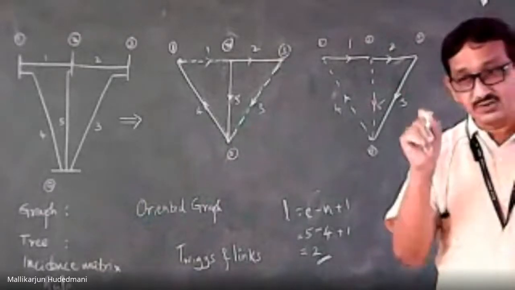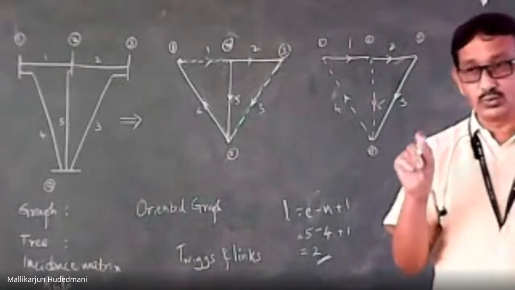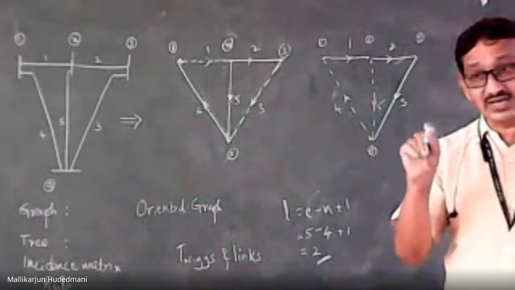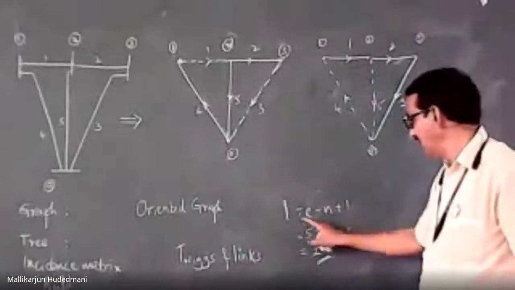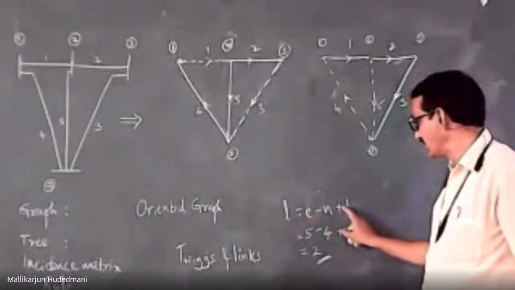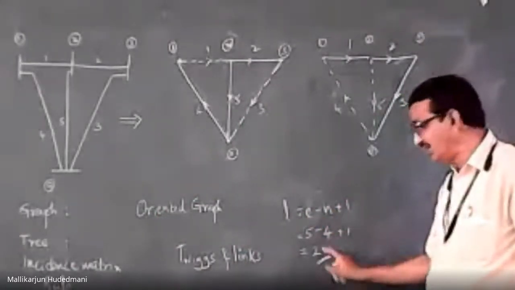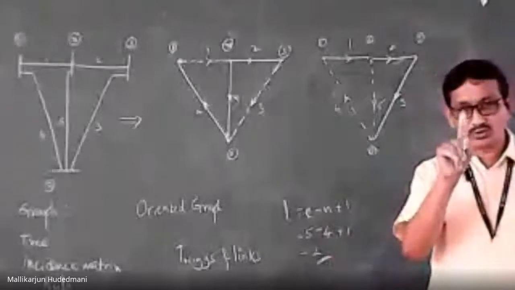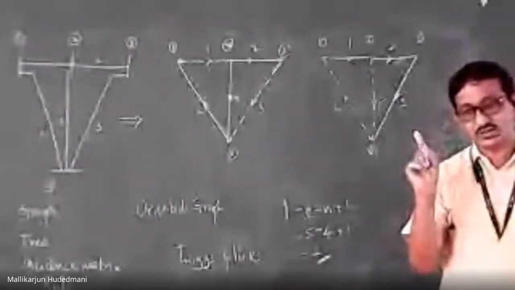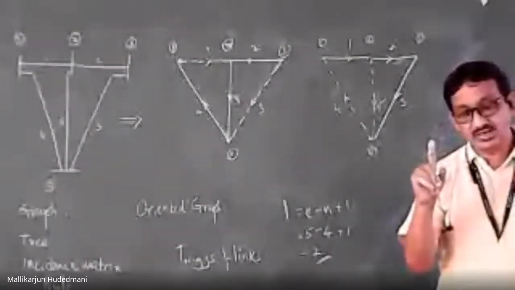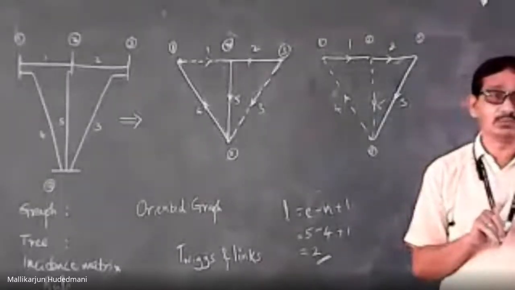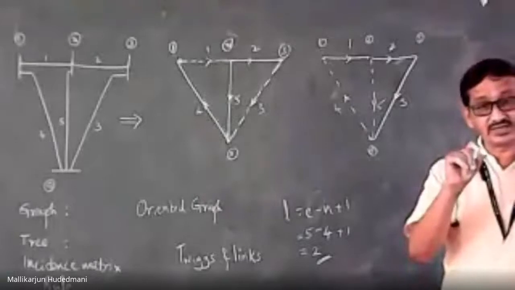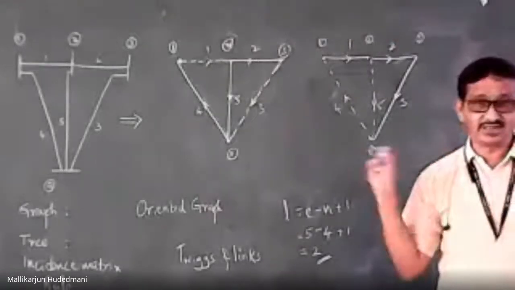The number of dotted lines to be present in the oriented graph, to speak of it as a tree, is defined by L. L equals E minus N plus 1. If I put that many elements dotted on the representation, that representation automatically from the oriented graph becomes a tree of that problem. That is very necessary for our further interaction.